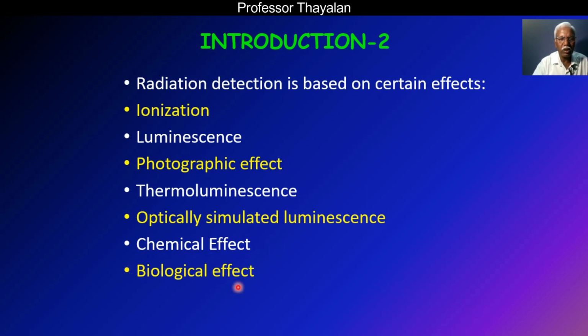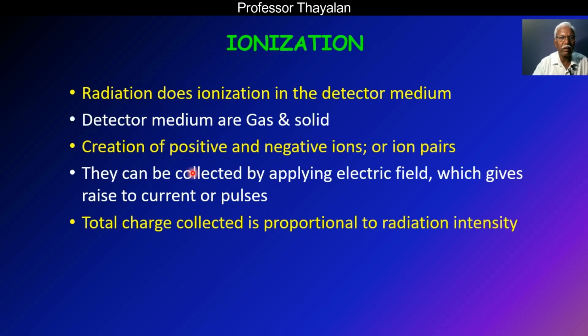Radiation can also cause biological effects. So you can take any one of the effects as a basis for radiation detection and measure the amount of radiation and energy as well.